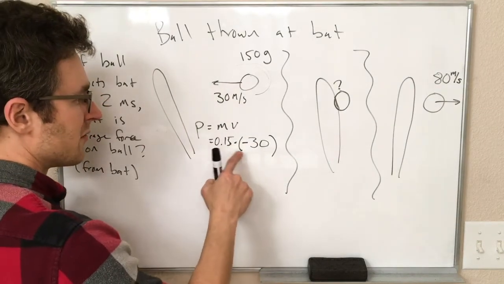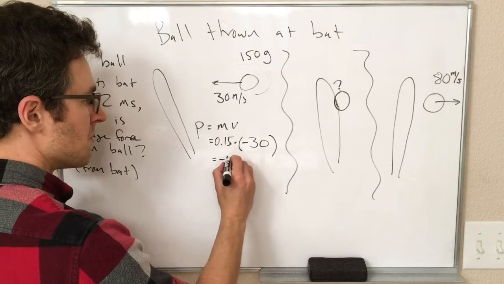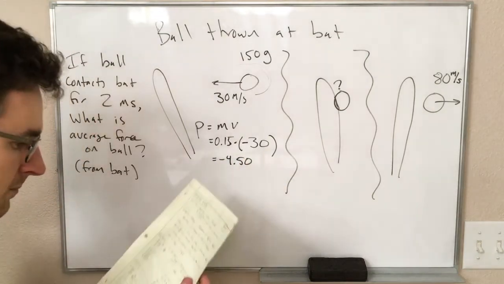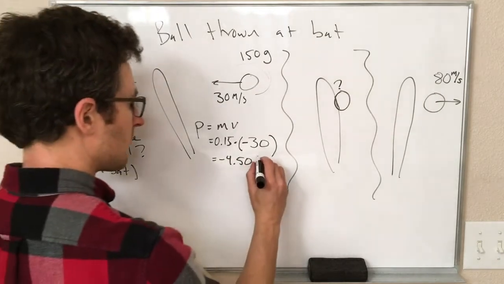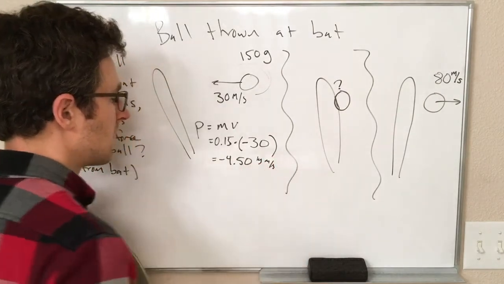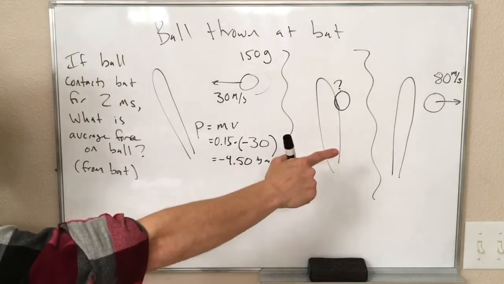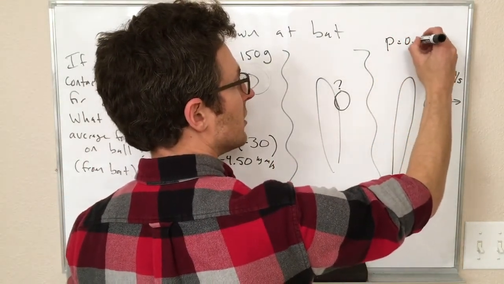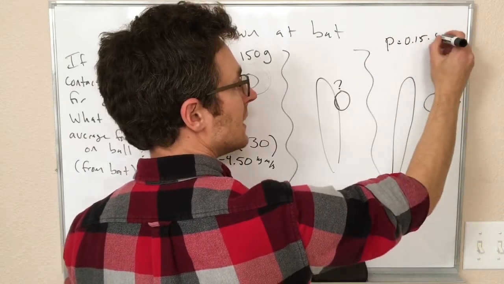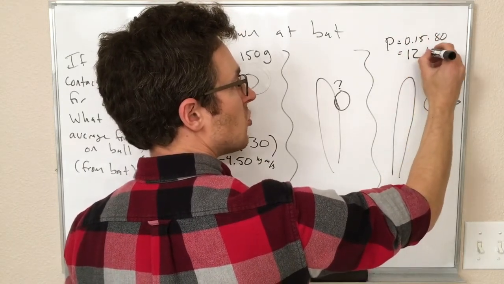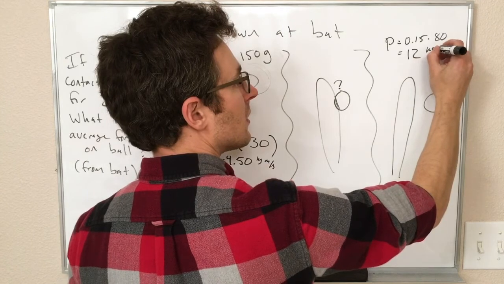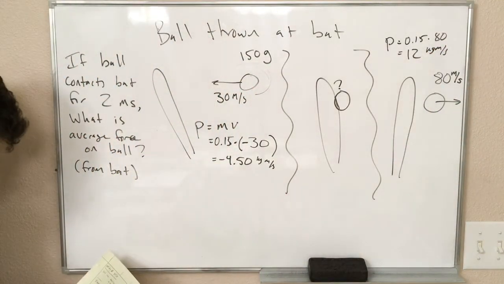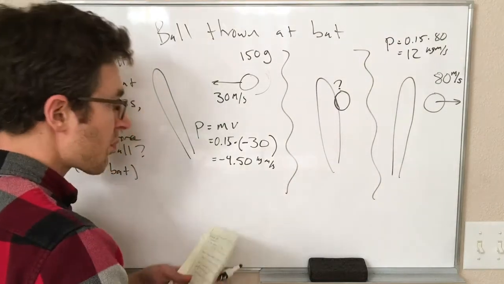So 0.15 times minus 30 is minus 4.5 kilogram meters per second. All right. Over here, our momentum is mv, that's 0.15 times 80, which is 12 kilogram meters per second.